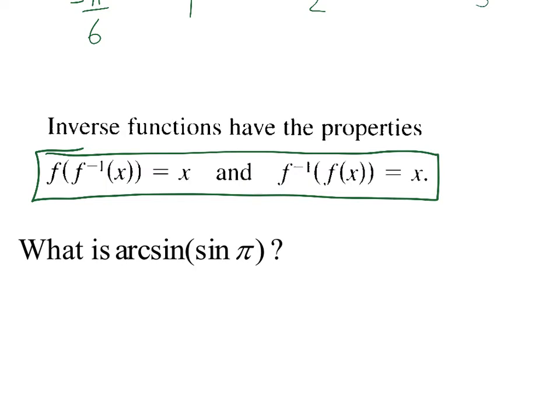So where sine of pi is 0, the arc sine of 0 is 0. Okay? I have to have an answer between negative pi over 2 and pi over 2. Okay?